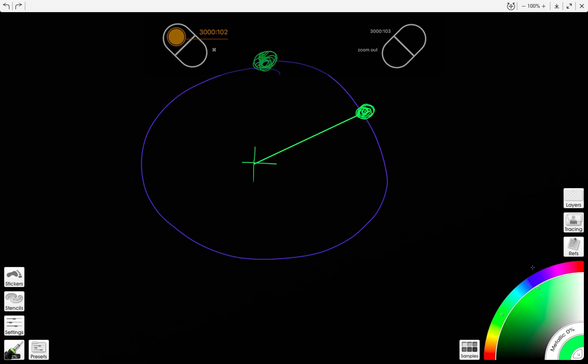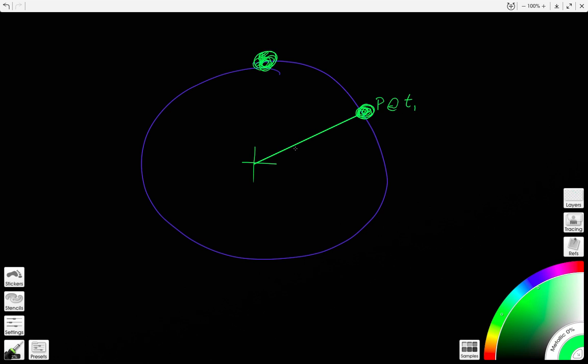I'll do it with another color. So a particle at t1, at time 1, this is the position of my particle. It forms this angle with respect to the horizontal, so theta 1, and r.